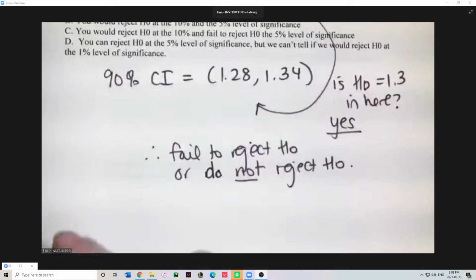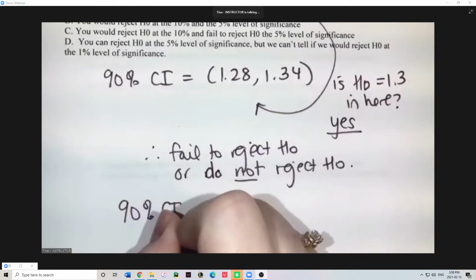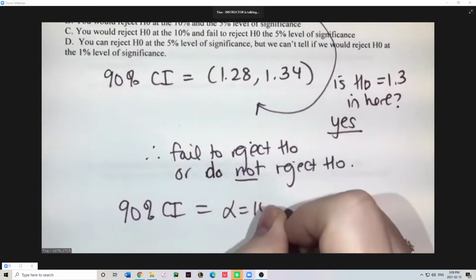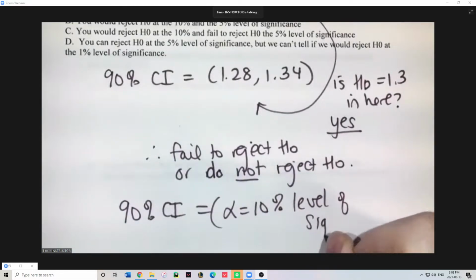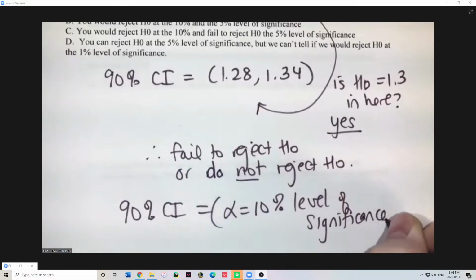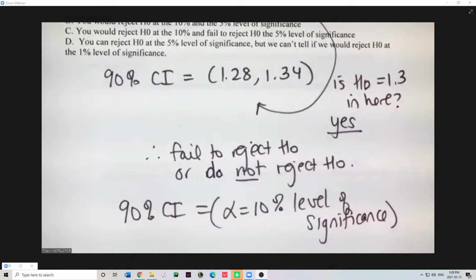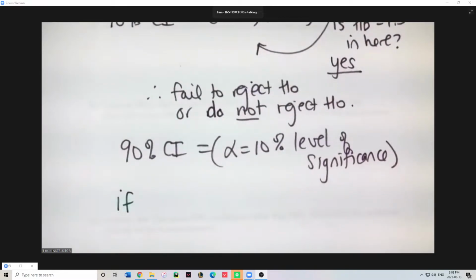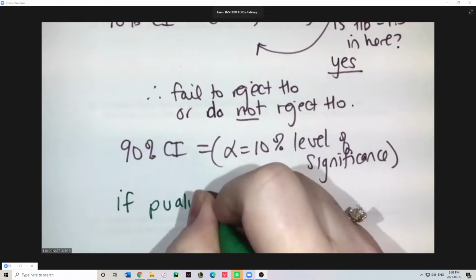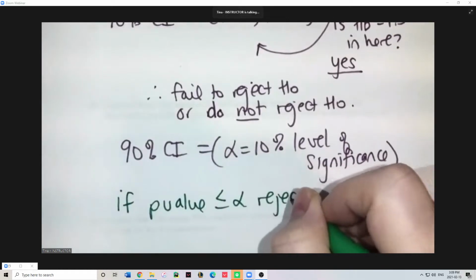Now, 90% confidence interval means alpha is 10% level of significance. So this is kind of leading into the next section on hypothesis testing, but if your p-value is less than or equal to alpha, then we reject H naught.